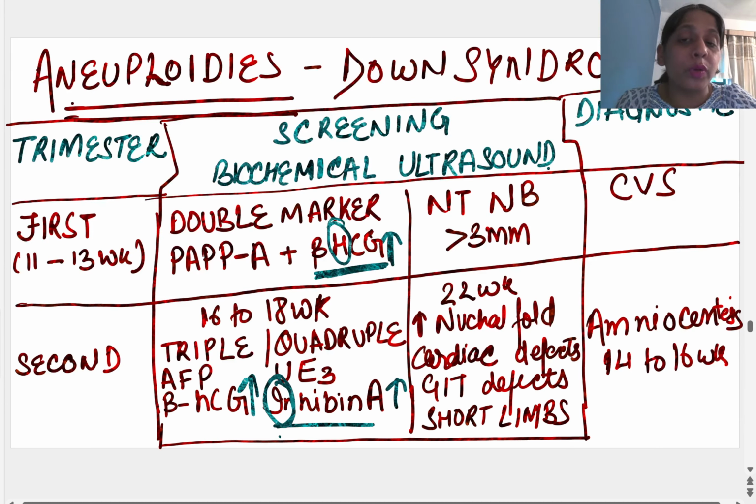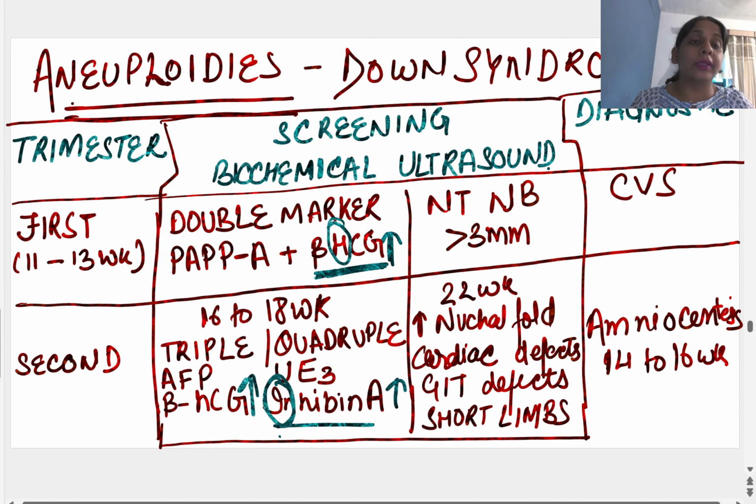And these triple and quadruple markers are done at 16 to 18 weeks. Then another is the ultrasound, which we do at 22 weeks. What parameters do we see?